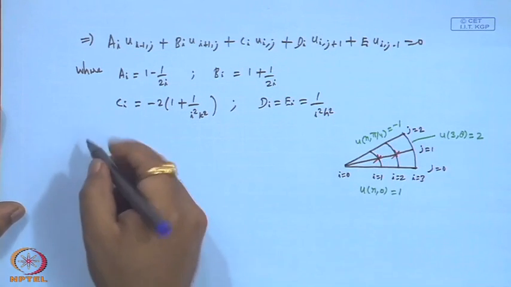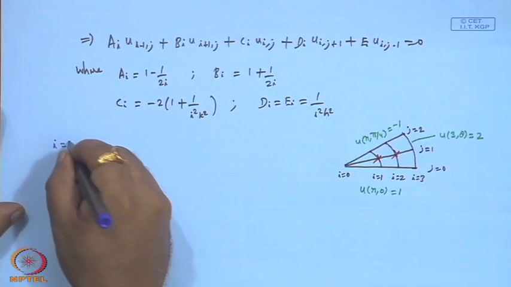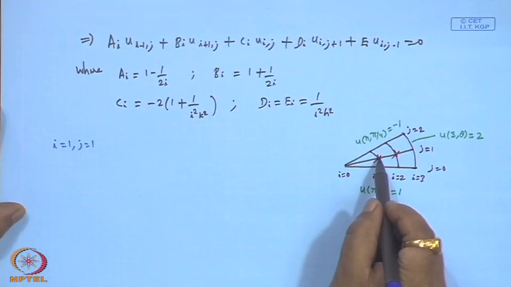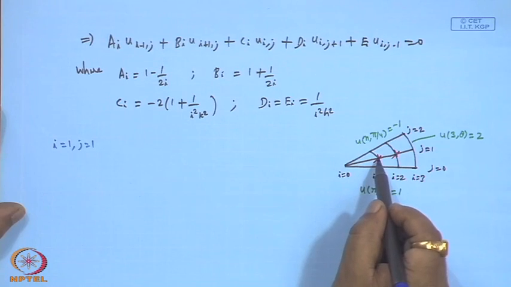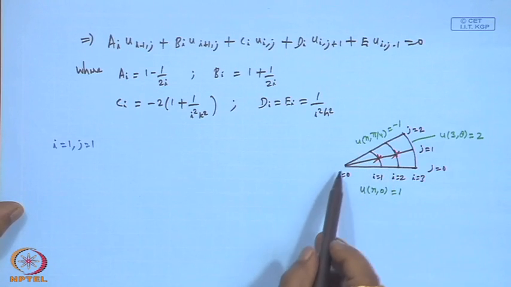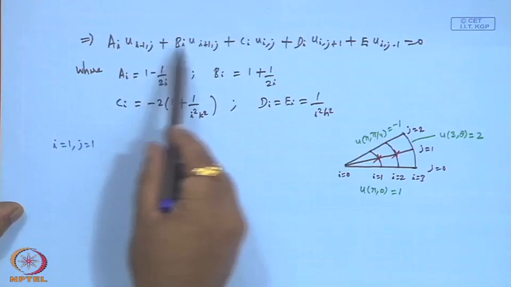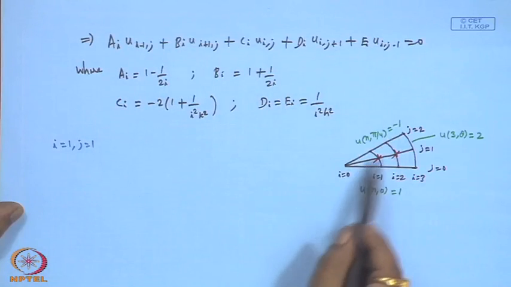So, let us say we want to run i equals 1, j equals 1, this equation. If we run the equation here with i equals 1, j equals 1, it will ask 2 points here, 2 points there, right.